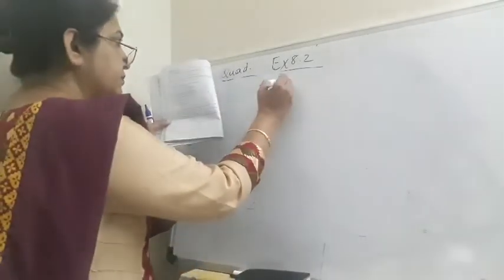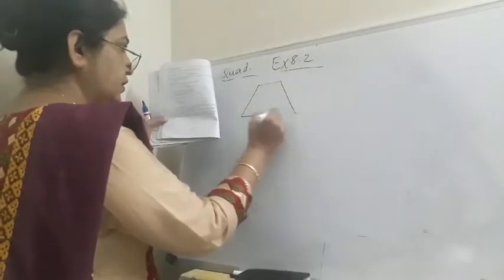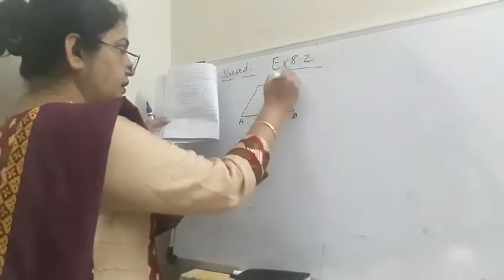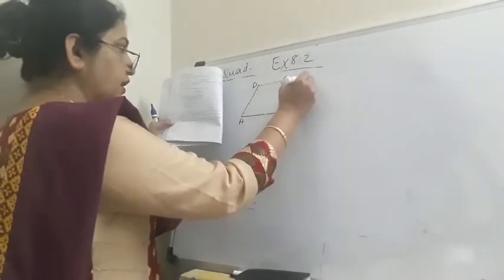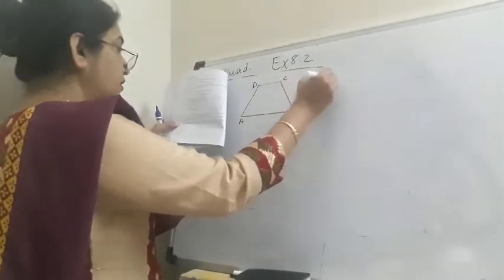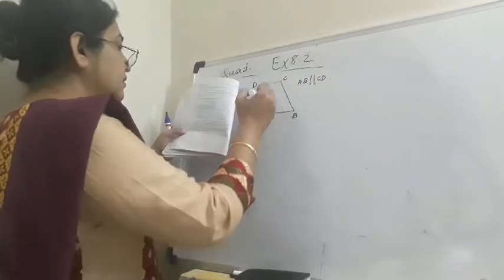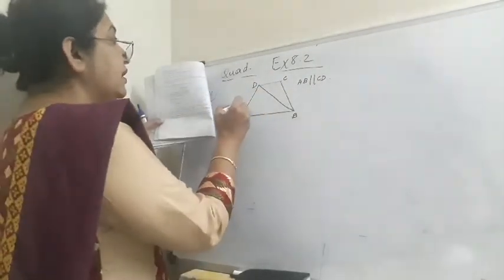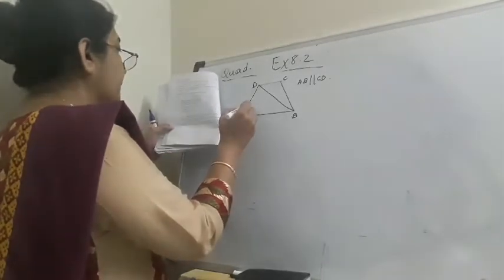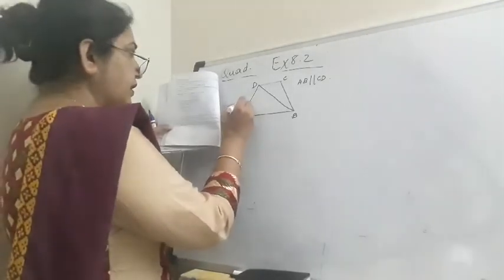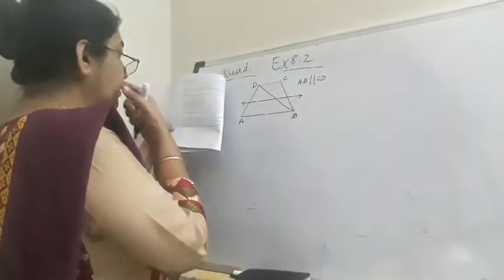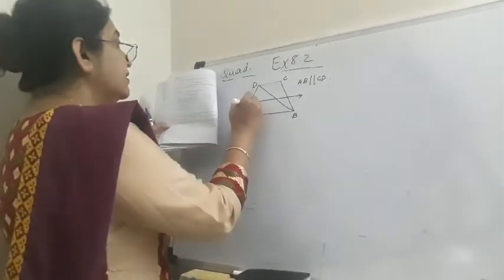So we have this trapezium in which A, B, C, D. So you know that obviously AB will be parallel to CD. They have joined the diagonal BD, and there is a line which is passing through the midpoint of AD, that is E.